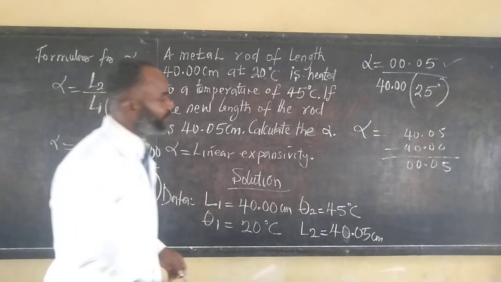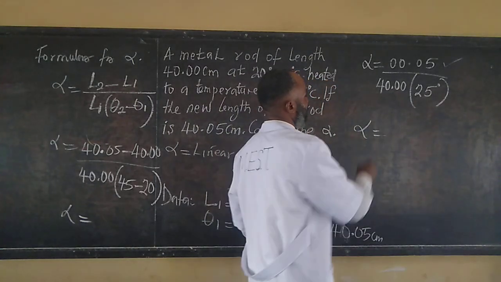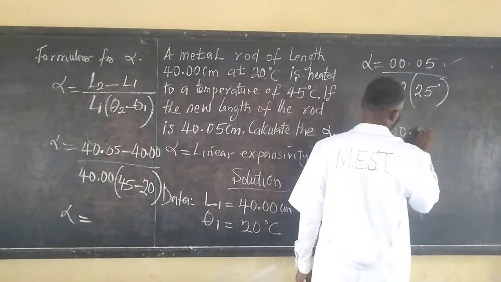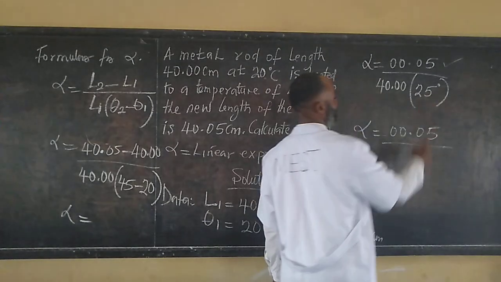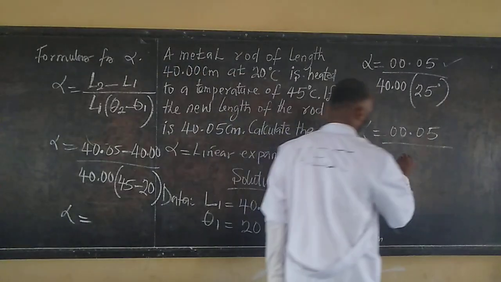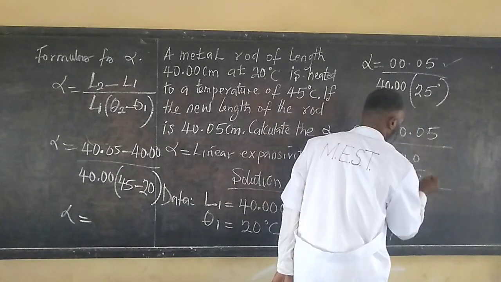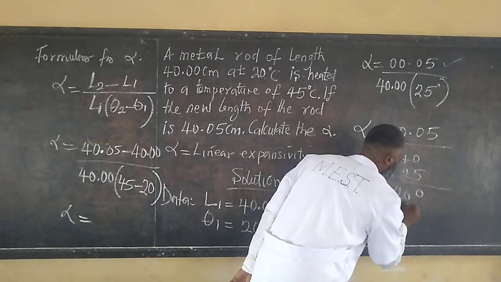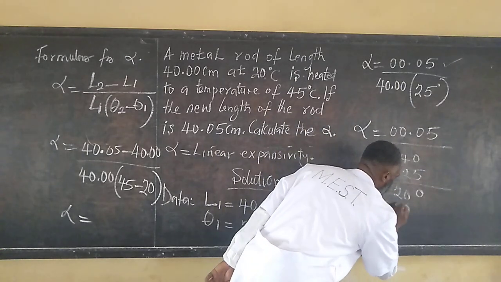Now, what do we do next? Very simple. We need to calculate 0.05 all over 40 times 25. Let's do 40 times 25 manually. 5 times 0 is 0. 5 times 4 is 20. Then 2 times 0 is 0, and 2 times 4 is simply 8.